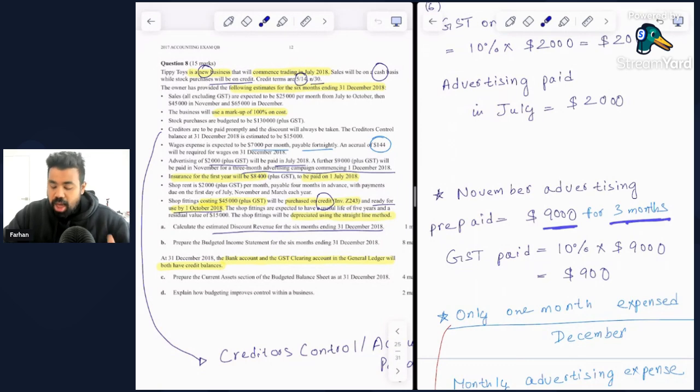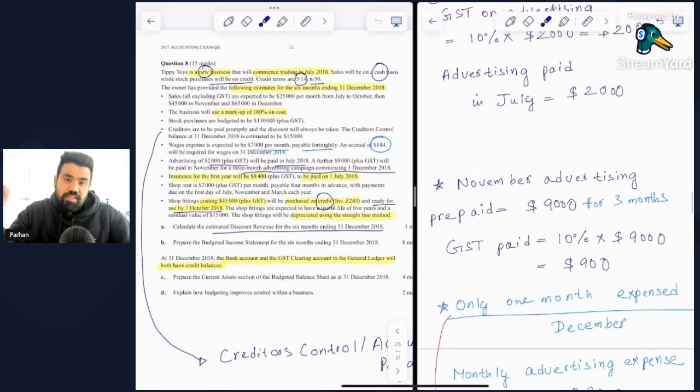And the GST that we are going to pay for the service that we're going to take is 10%, obviously, multiplied on $9,000, which is $900. Now, we know that this advertising campaign is for 3 months, and it's going to start on 1 December. So this advertising of $9,000 covers the months of December 2018, January 2019, and February 2019.